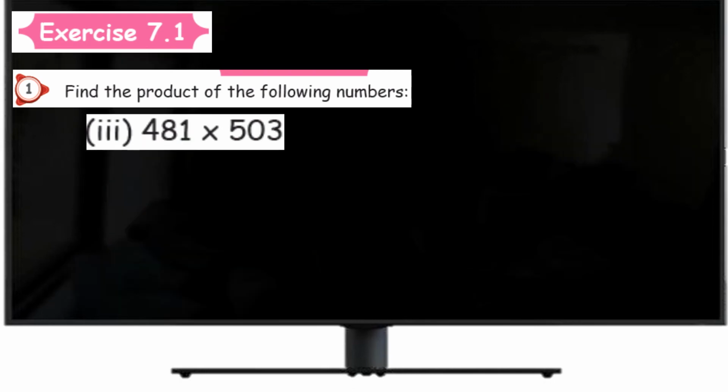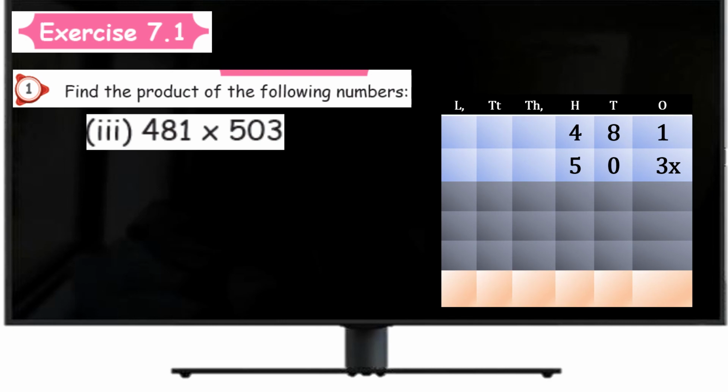Last sum. 481 into 503. Right. As usual, 3 ones are 3, 3 8s are 24, 4 here and 2 upon the 100th place. 3 4s are 12, 12 plus 2, 14, 4 here and 1 above. That's it.